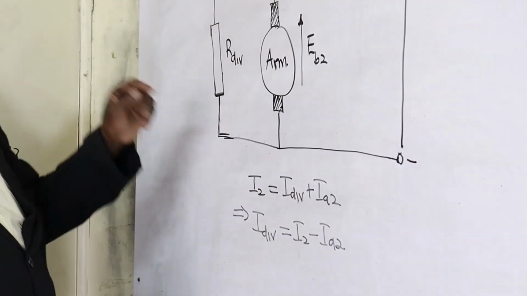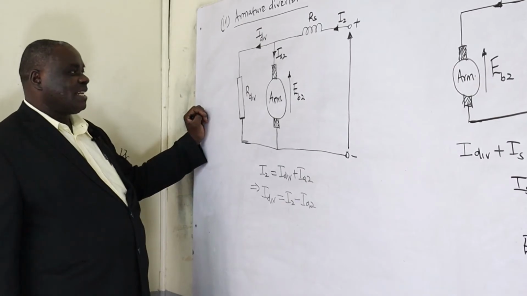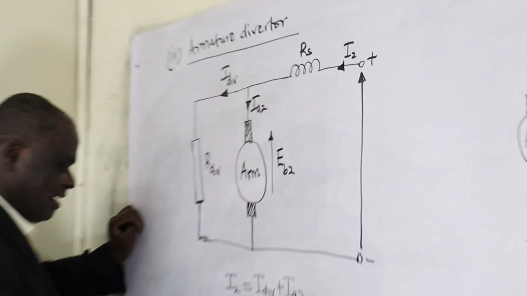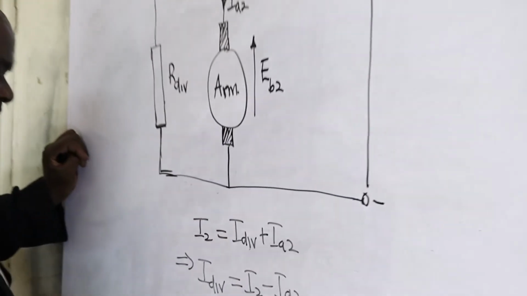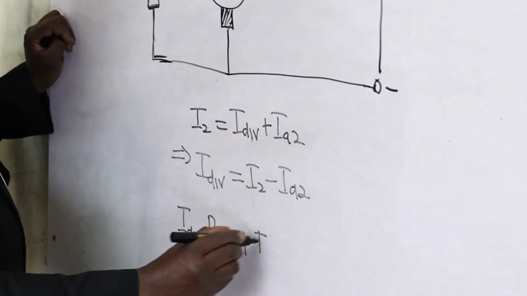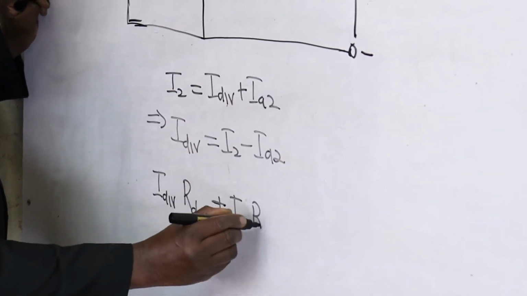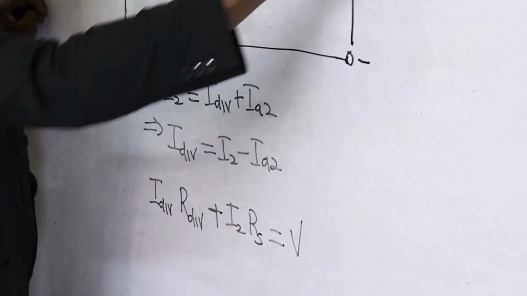Now, how do you get ID? ID multiplying RD plus I2 RS will be equal to V. That is our V.